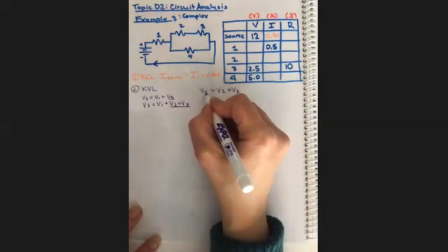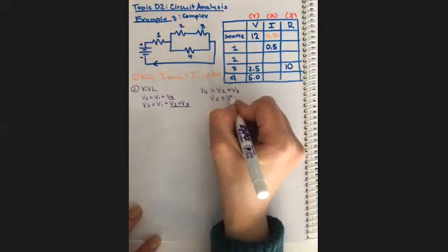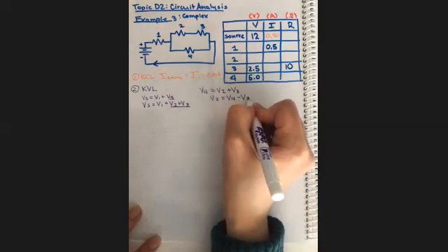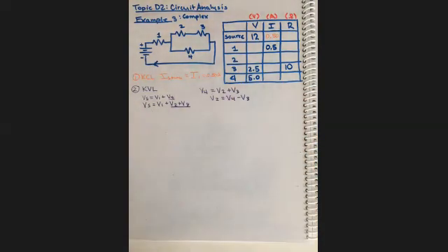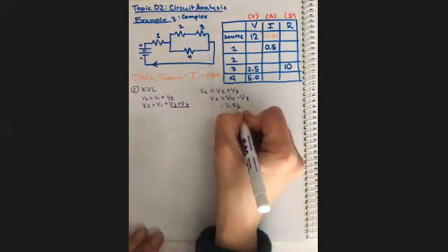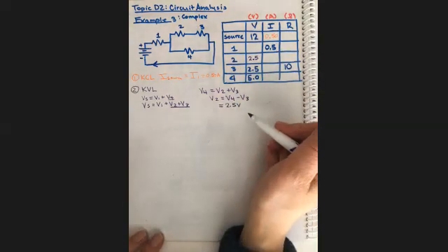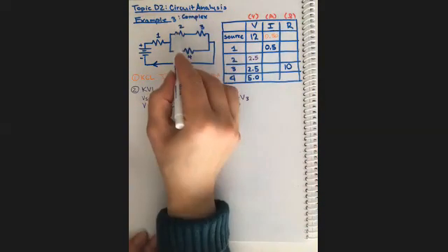We have V4, we have V3. We're solving for V2. So V2 equals V4 minus V3. 5 minus 2.5 equals 2.5. Did I really have to use my calculator for that? No. Did I realize that? No. It is a coincidence that these voltages are the same.